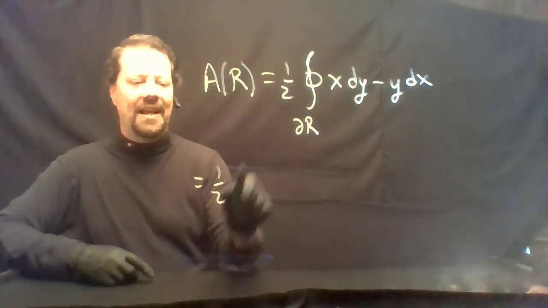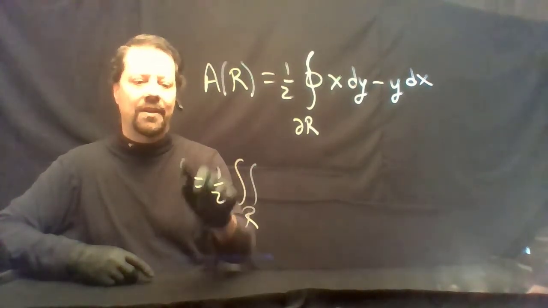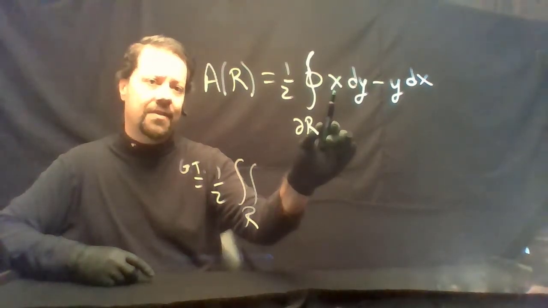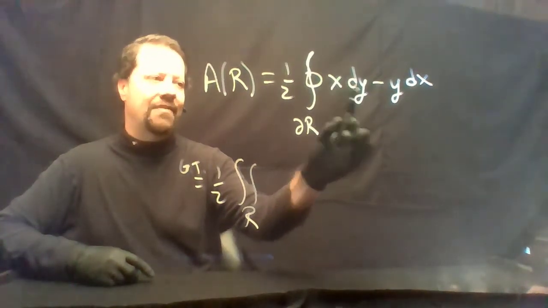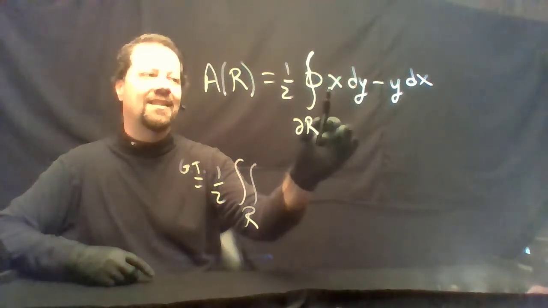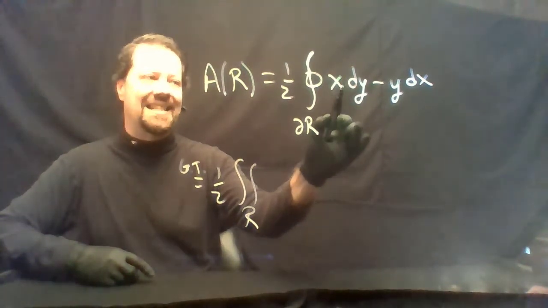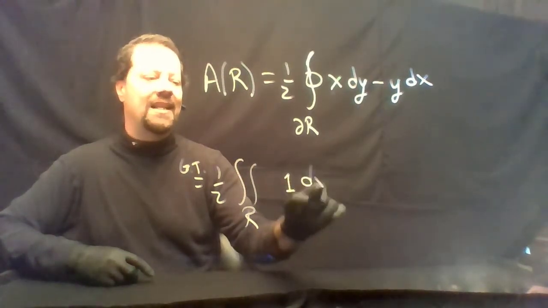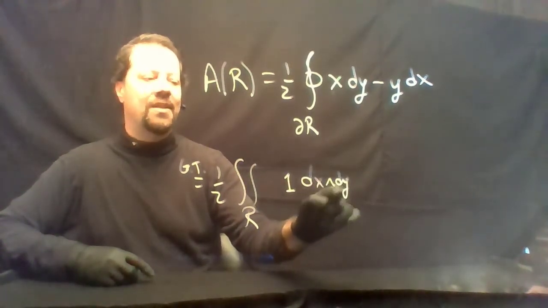You'll have 1/2 times the integral over R according to Green's theorem. Now when you take the derivative on the first term, you have to take the derivative with respect to the other variable besides the one in the differential, with respect to x, so that you get a dx wedge dy. That'll be 1 times dx wedge dy.